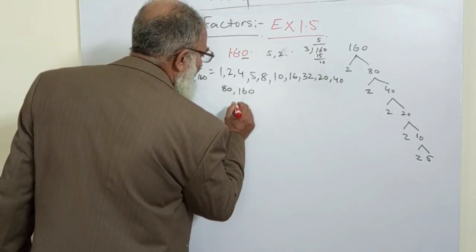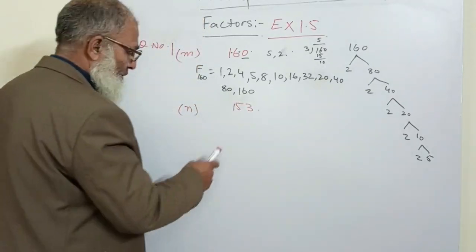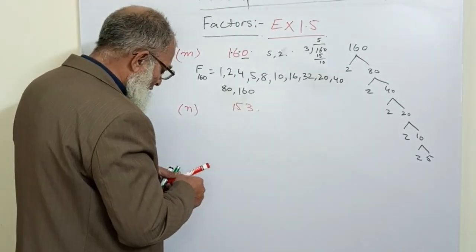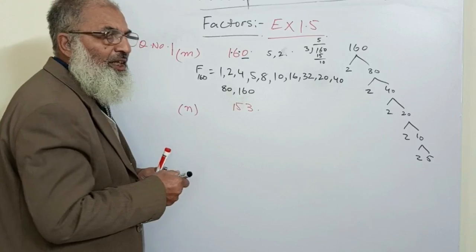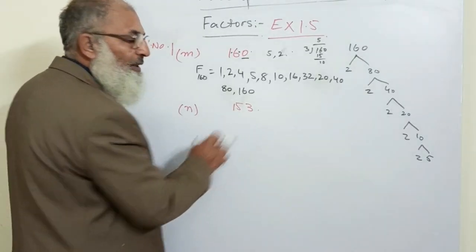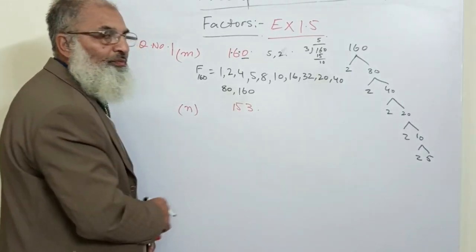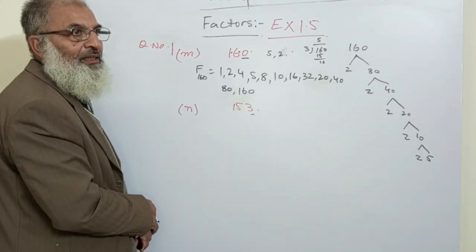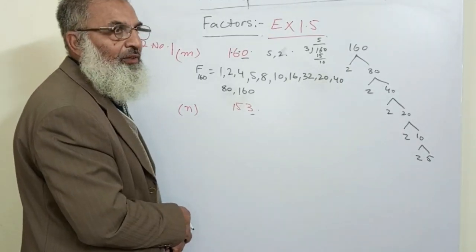153. You see that this number is an odd number. Let me check it for 2. It is not divisible by 2. You see that at the end it is 3, and 3 is not divisible by 2.